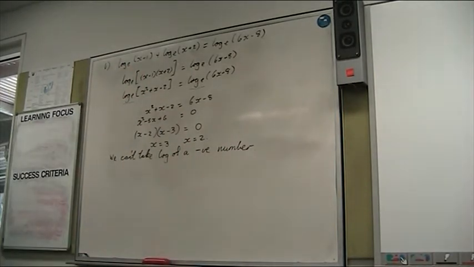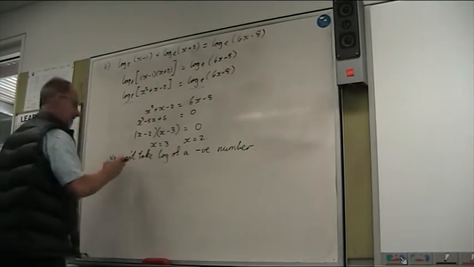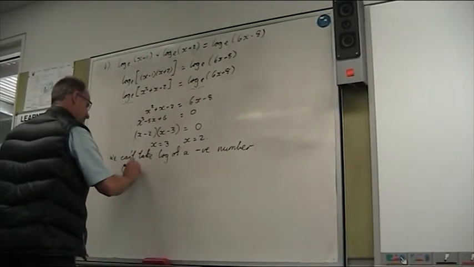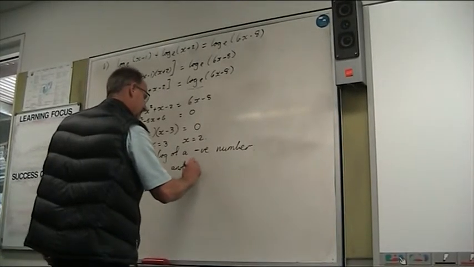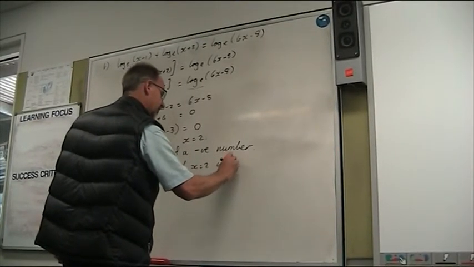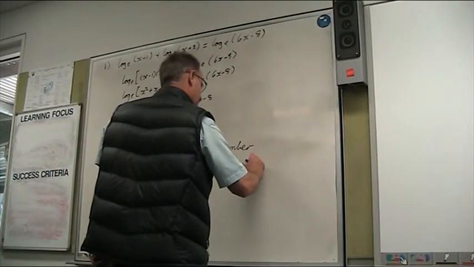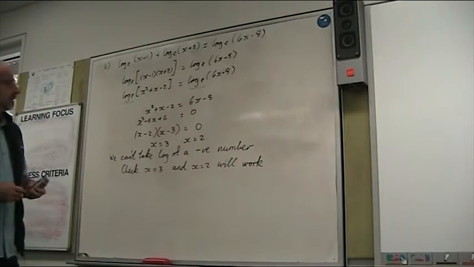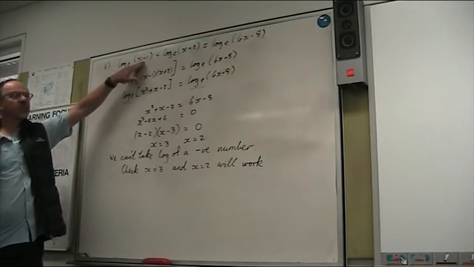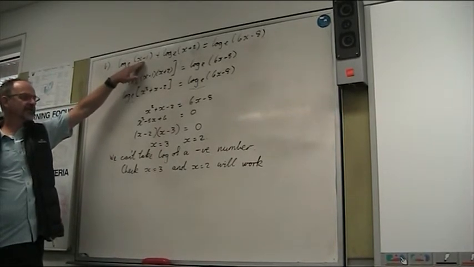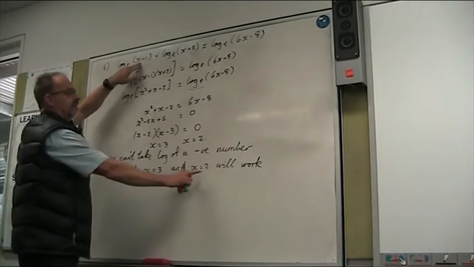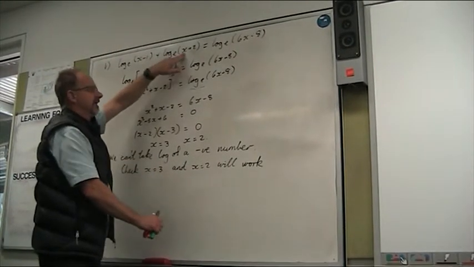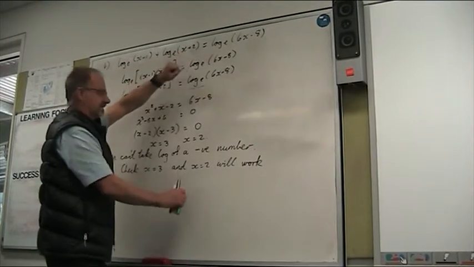So what we need to do is check that both of these work. Up here, x minus 1, if x is 3 or x is 2, do we get positives? Yes, we'll get either 2 or 1, that's okay. Here we get 5 or 4, that's okay.